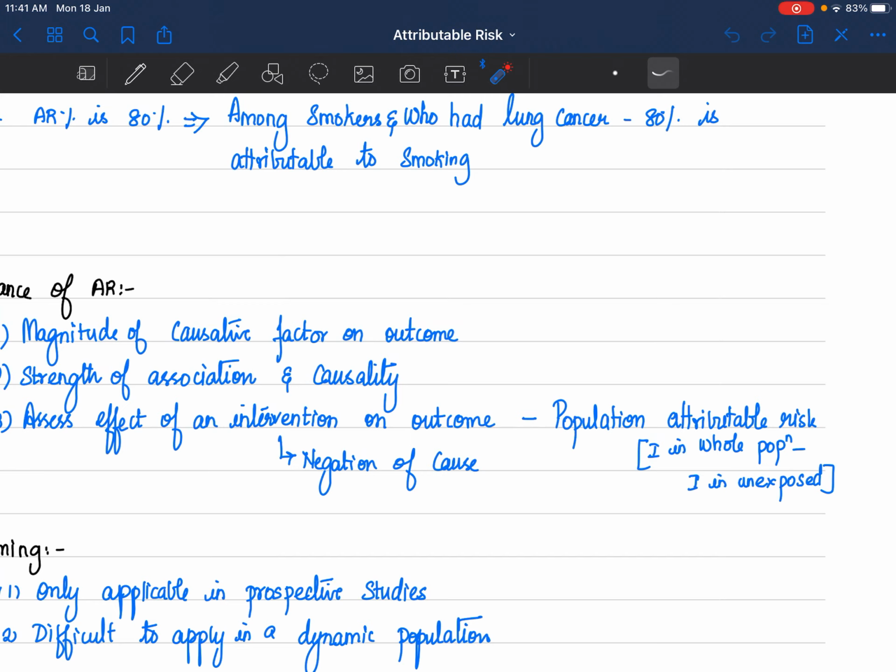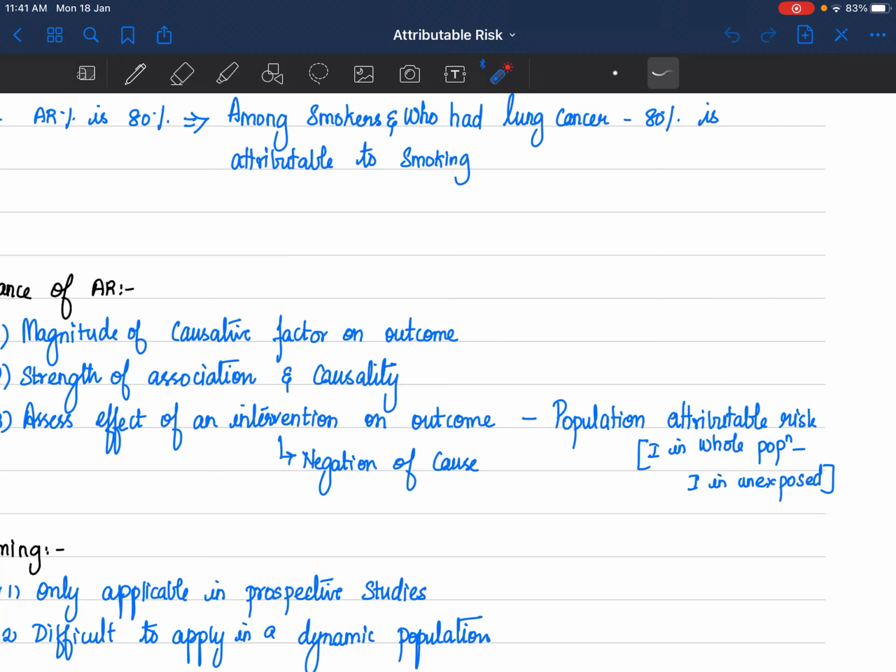So you calculate something called a population attributable risk, where the incidence in unexposed population is subtracted from the incidence in whole population. That will give rise to the effect that an intervention can have on the outcome.